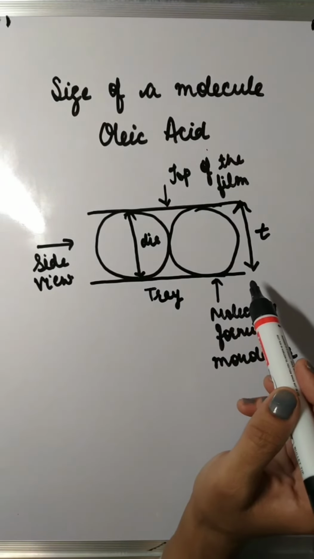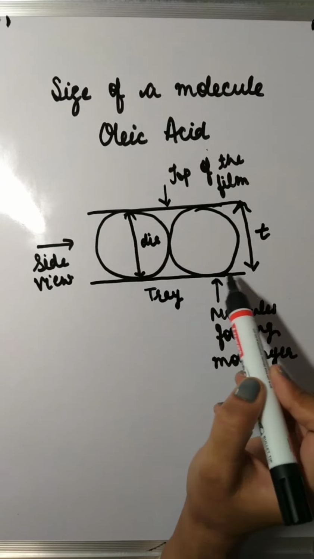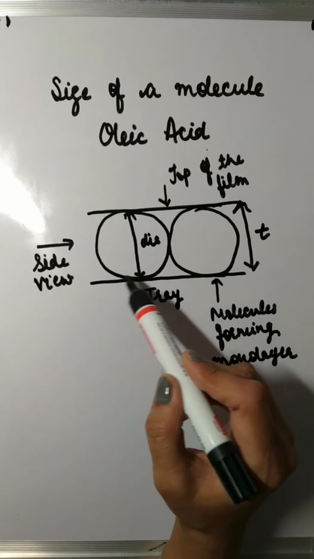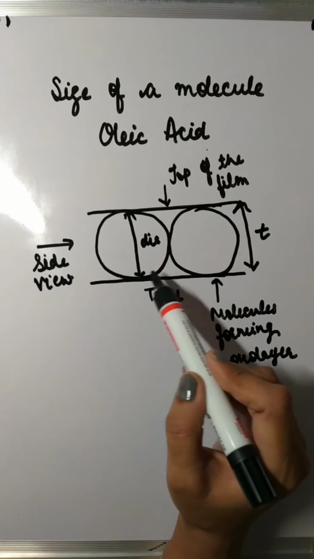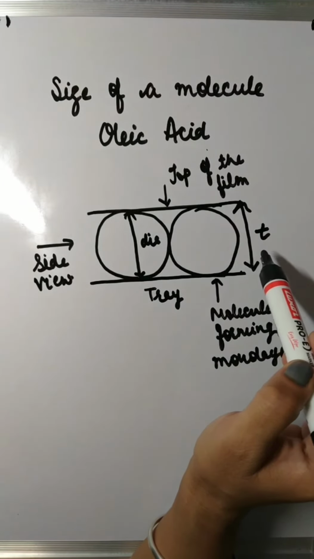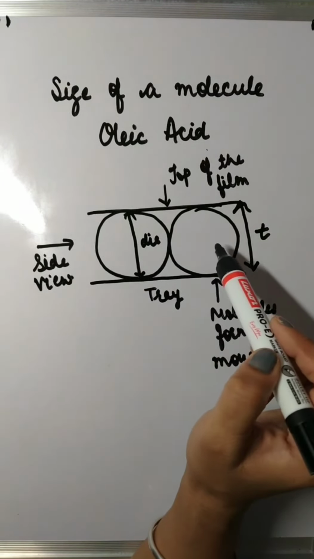So let us understand the concept first. This is the tray and we have a solution, suppose some water solution. We have put some solution in the tray. We drop the oleic acid on top of this solution so that it forms a very thin layer.